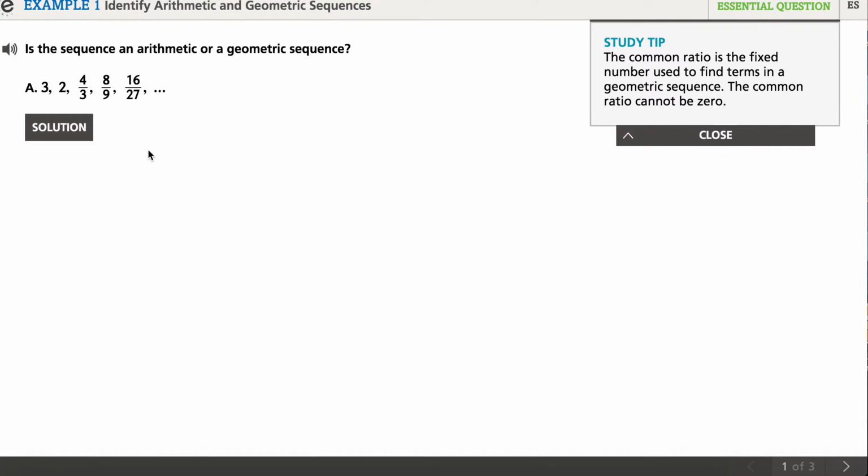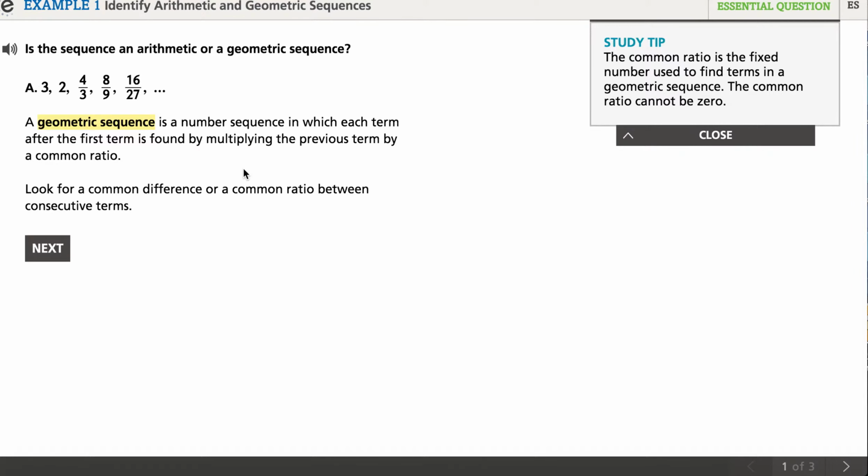Is the sequence arithmetic or geometric? Part A: 3, 2, 4/3, 8/9, 16/27, and so on. Let's see what the solution is telling us. A geometric sequence is a number sequence in which each term after the first is found by multiplying the previous term by a common ratio.